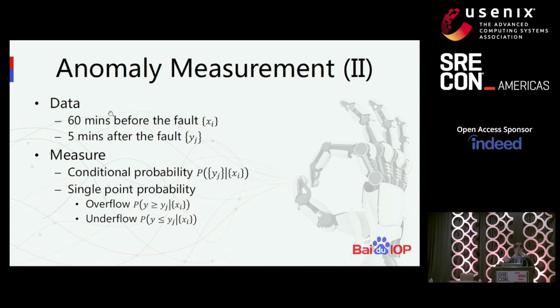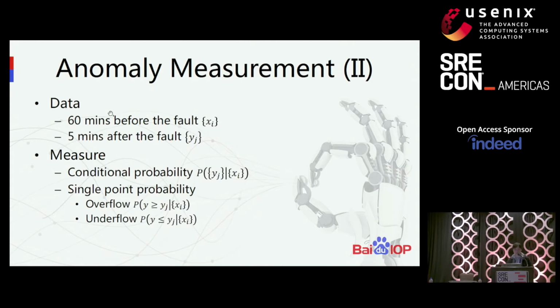We can think about this probability in this way. Suppose there is a random variable here, and it has an unknown distribution, but we know that the xi points are samples drawn from this unknown distribution. So we try to evaluate every single yj point to decide whether it is too large or too small. Here we can define two probabilities.